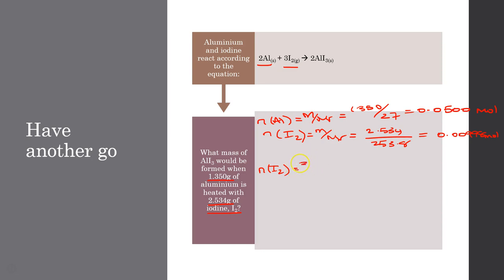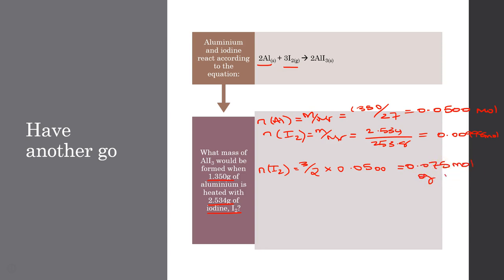So that's going to be a 3/2, what I want, iodine coefficient divided by what I've got, aluminium coefficient, multiplied by the number of mole of aluminium, 0.00500, which is going to give me 0.075 mole.